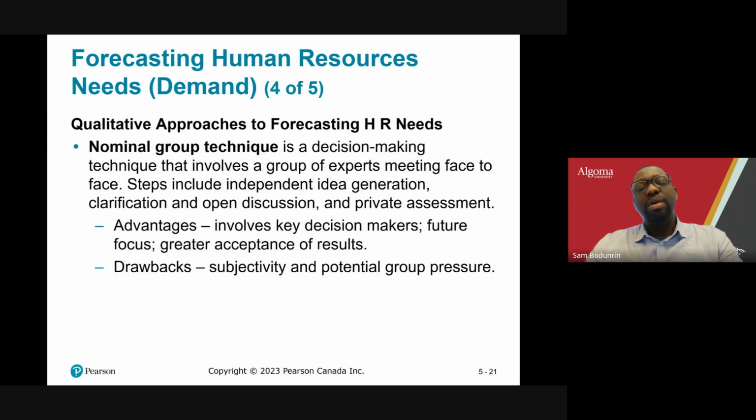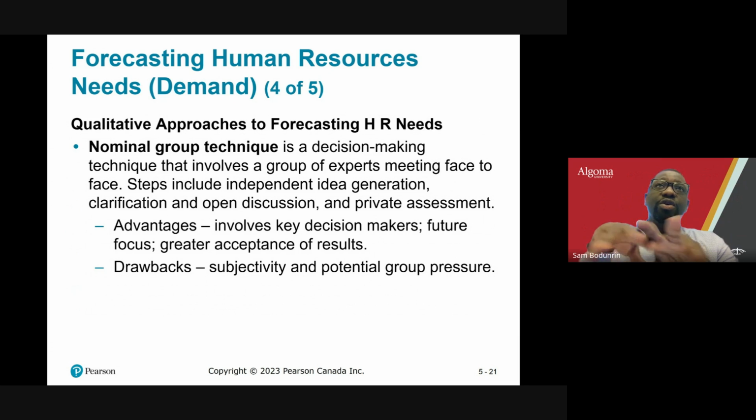So let's talk about qualitative approaches to forecasting human resources needs. So the first one here under qualitative. Remember, I said qualitative is a non-calculation approach, a non-statistical approach.